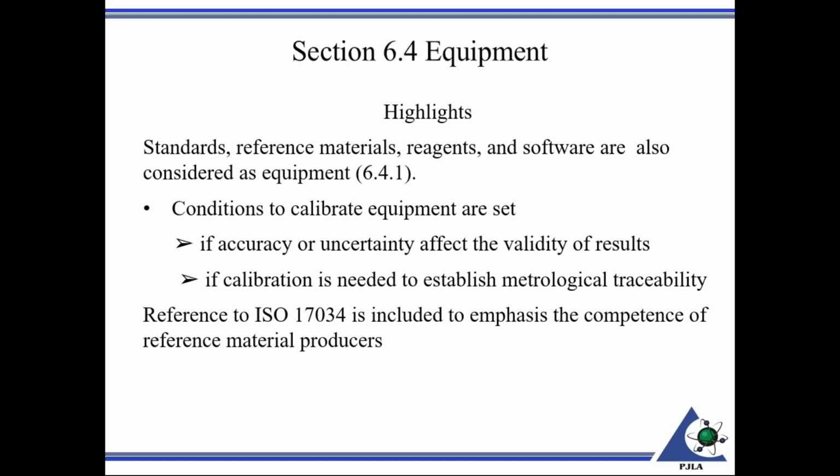They are also considered as equipment. Conditions to calibrate equipment are set. So specifically, if the accuracy or uncertainty affects the validity of results, and if you need to obtain metrological traceability. References to 17034 are included to emphasize the competence of reference material producers.